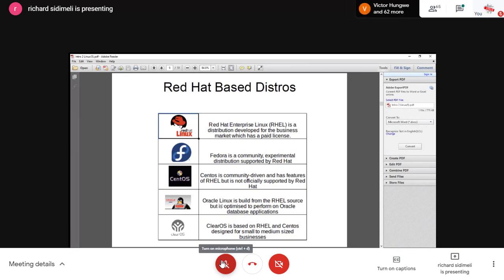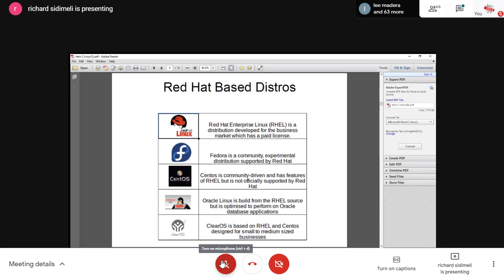There's also what is called Oracle Linux, built from this Red Hat enterprise sources option for Oracle database application. So this one is tailor-made mainly for the Oracle database environment.